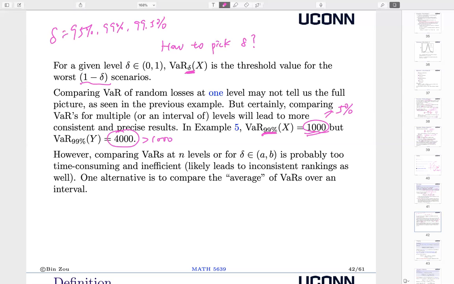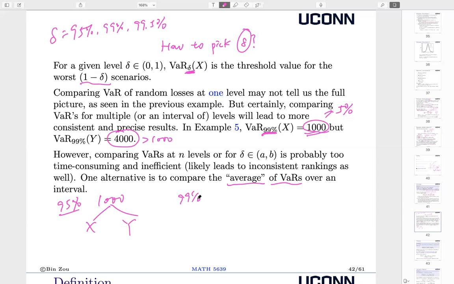With that in mind, since anybody can pick any delta, in order to get a more consistent ranking of risk, we need to come up with something better than VaR. So that motivates us to compare the average of VaR. Previously, we only considered one point, like 1,000, which is the case for both X and Y, or at 95.